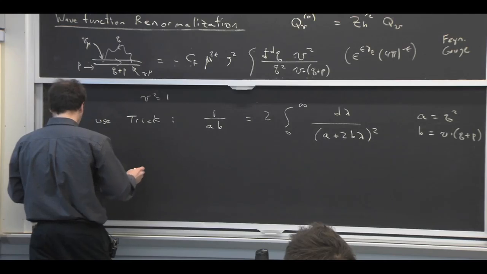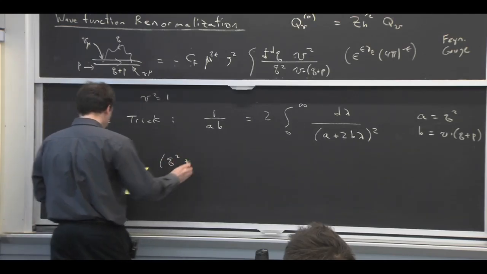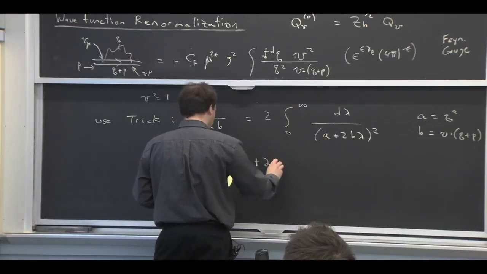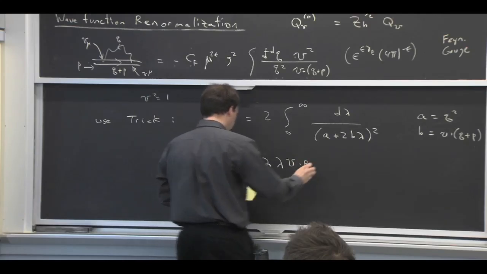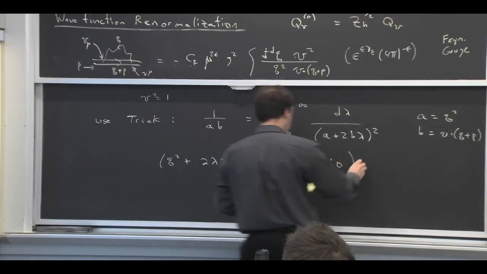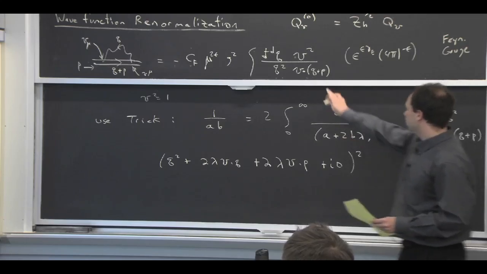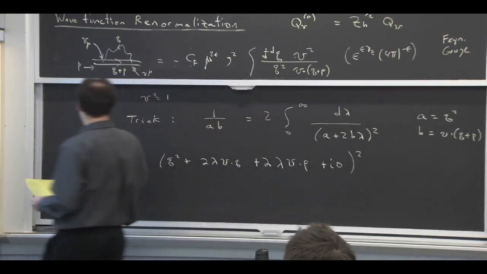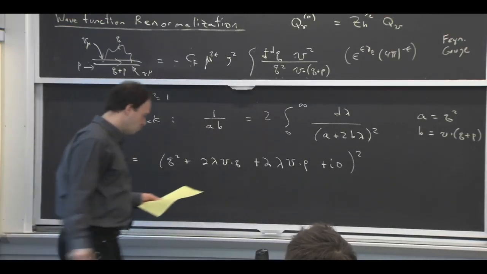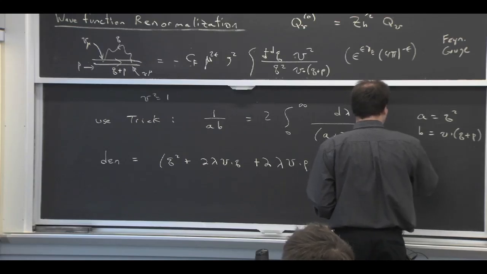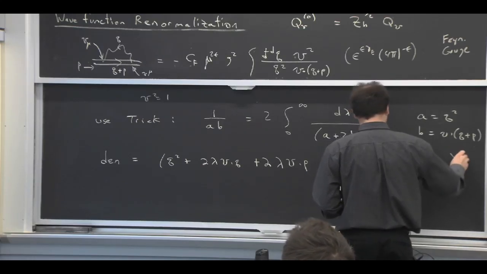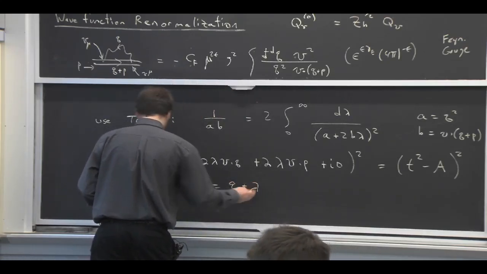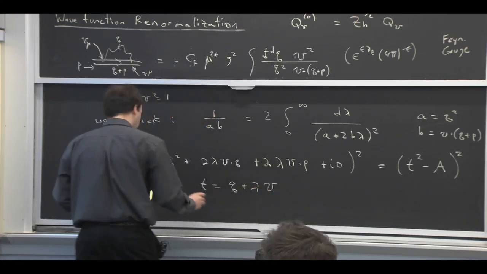OK, so we combine denominators in the usual way. And the denominator would become this, and if I kept the i epsilon, it would be that if we combine these 2 denominators here. So this factor would be that. And we can then complete the square and write this as some momentum squared minus whatever's left over, where t is q plus lambda v, and then a.